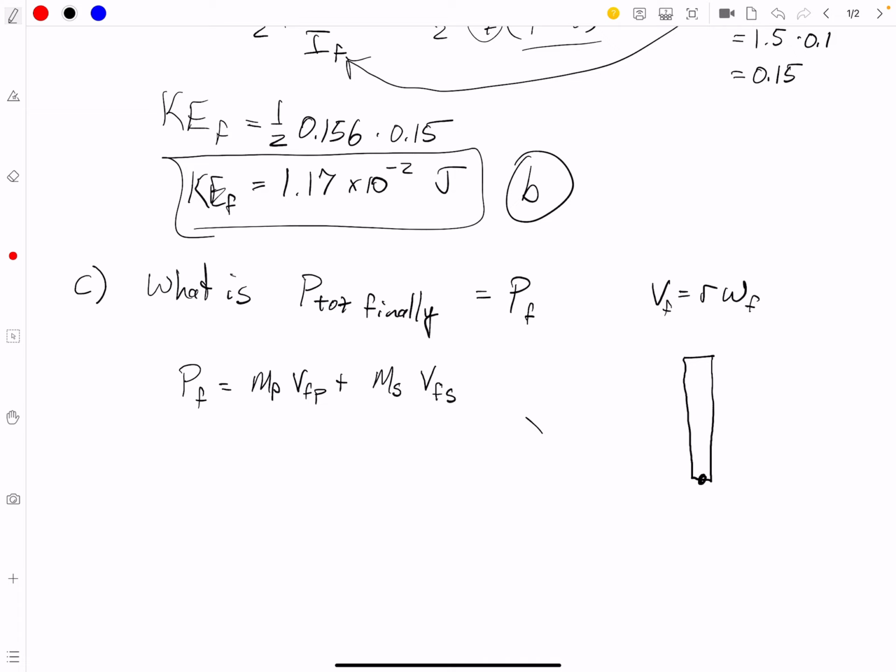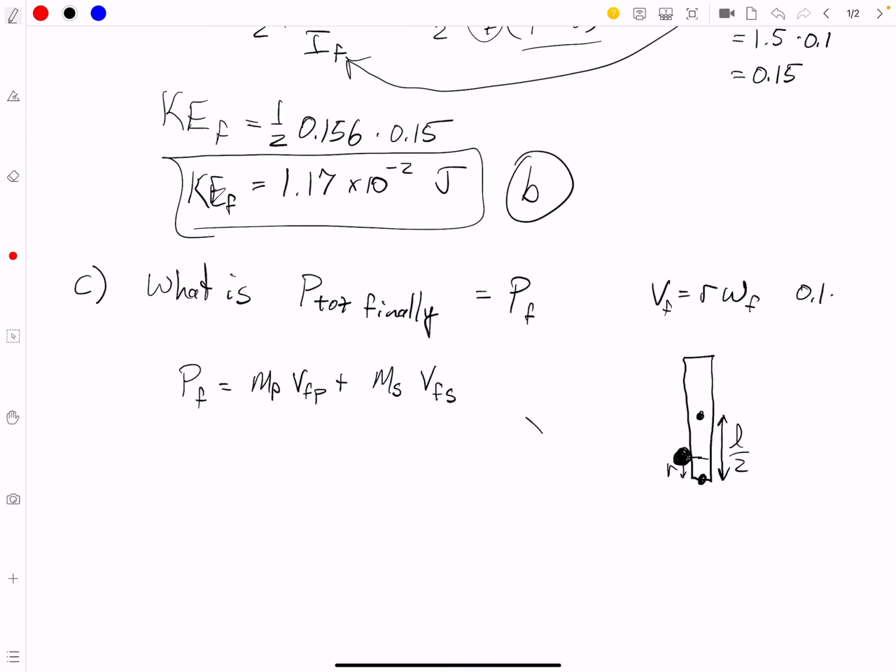So here's our stick. Here's the center of mass of the stick. Here's L over 2. That's the distance from the axis to the center of mass. Of course, this R for the puck, that's our R. The puck is hitting here. Is still the same.